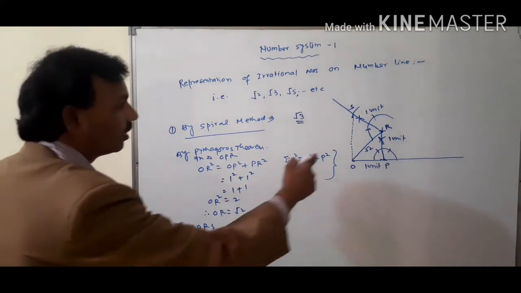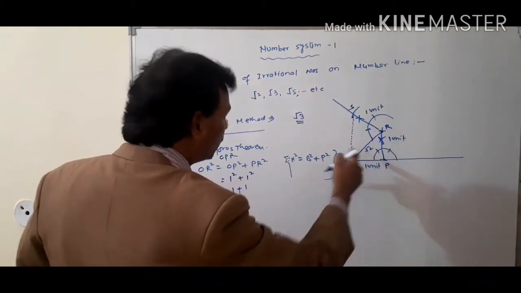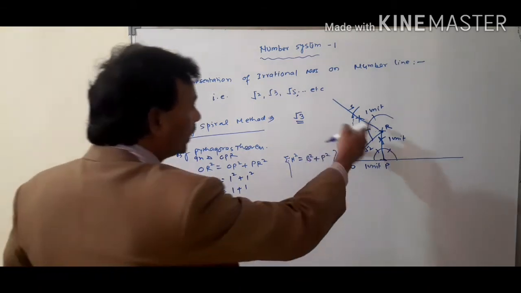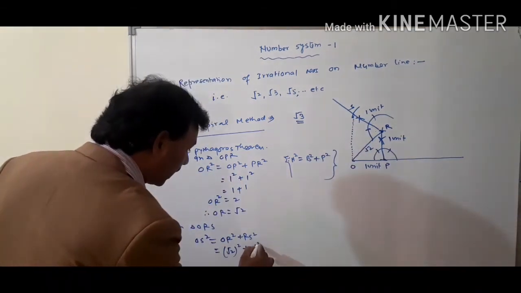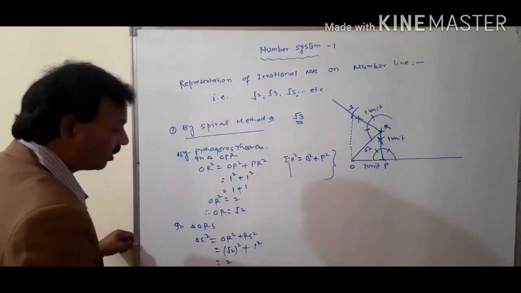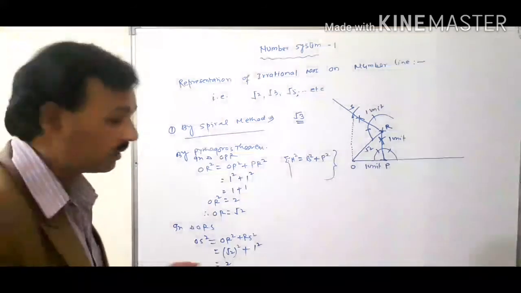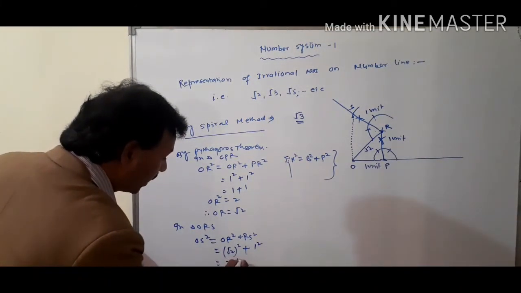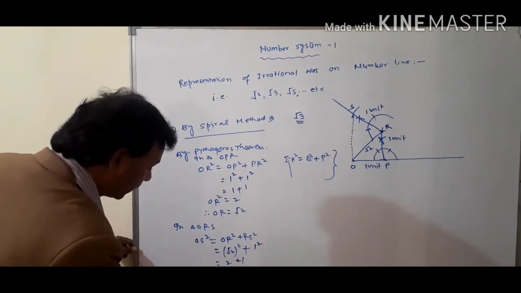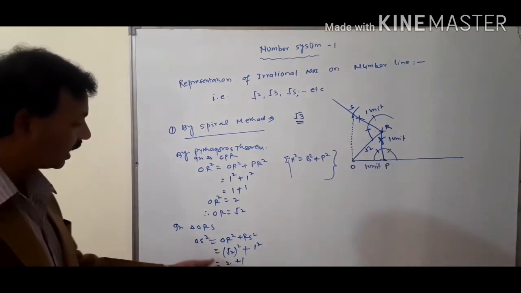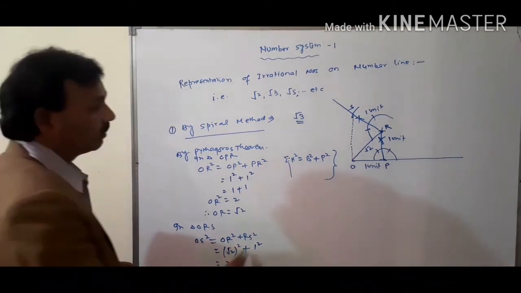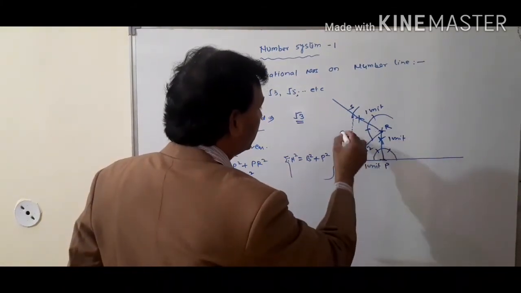Since OR equals root under 2, that means square of root under 2 plus RS means 1, square of 1. Square of root under 2 will be 2, as we have already studied in class 8th. Plus square of 1 is 1. So 2 plus 1 is 3. Therefore OS square equals 3, so OS will be root under 3. That means the length of OS will be root under 3.